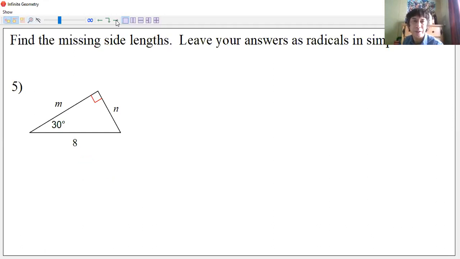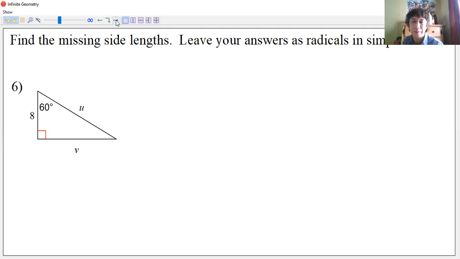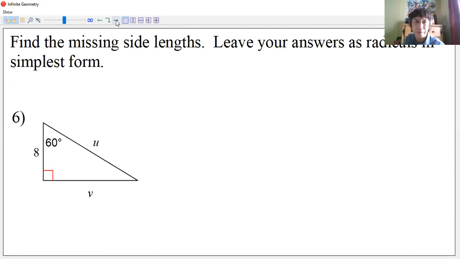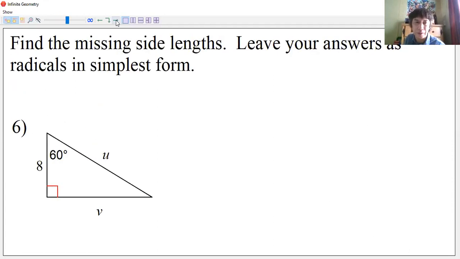Okay, here's number 6. All right, here's the figure. Okay, we can actually enlarge it like that. Now we can make it large this way, and we shall continue with number 6 solution. This is still 30, 60, 90. So we have here 6, and this is the right triangle.